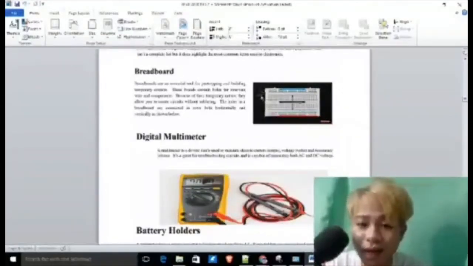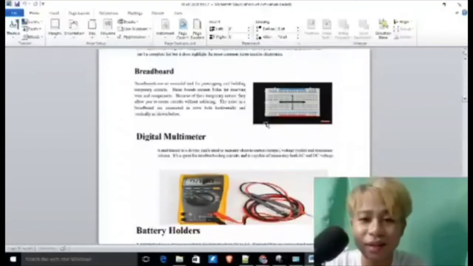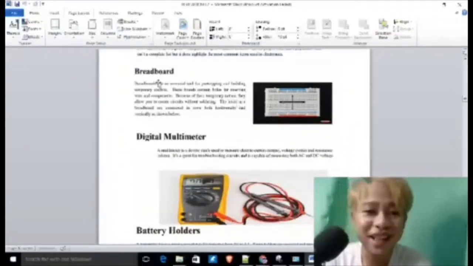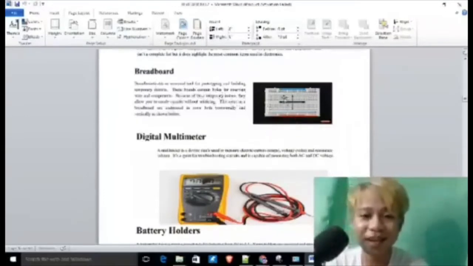I saw it, but I didn't know the name of this one. So I am really grateful to know the name of this tool. A breadboard is an essential tool for prototyping and building temporary circuits. Yeah, that's what I had seen in a Facebook group.